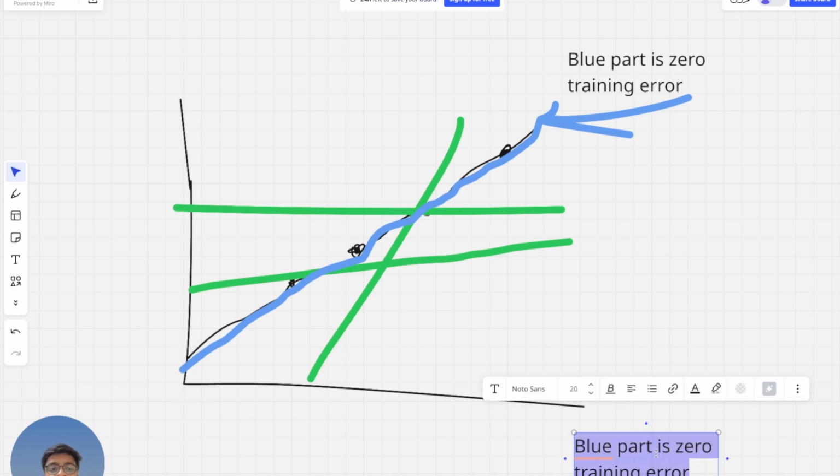And the one which is in green is a normal linear regression.